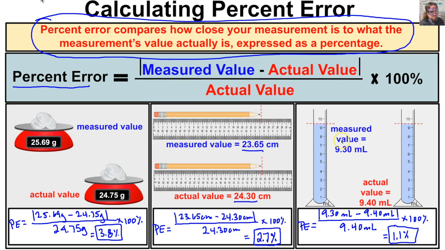So our measured value is about 1.1% off of what the actual value is. We're a little less than what the actual value was.